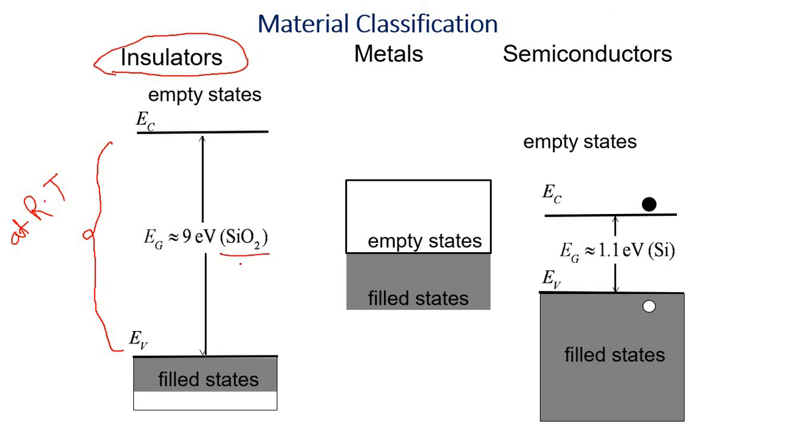Silicon dioxide is a standard oxide or insulator we can say. There are many uses you will see in MOSFETs and other devices. What is metal? In metals there is no band gap, all states are allowed to move, or maybe a very little band gap, around 0.2 or 0.4. They are also considered as metals.